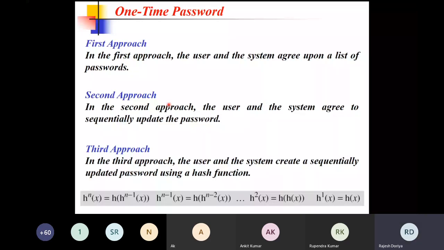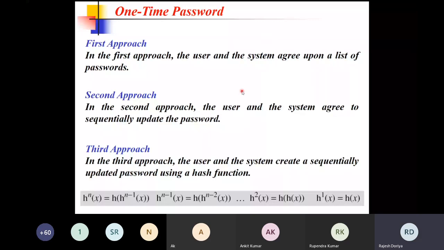Let's say they have communicated a password P1 with the use of P0, and then the P1 password will be used for the next communication. Similarly, while they are communicating with the help of P1, next time they agree upon a third password, let's say P2, and the same process goes on again and again. A scheme like this can also be used to facilitate one-time password authentication. I hope you have got the concept.